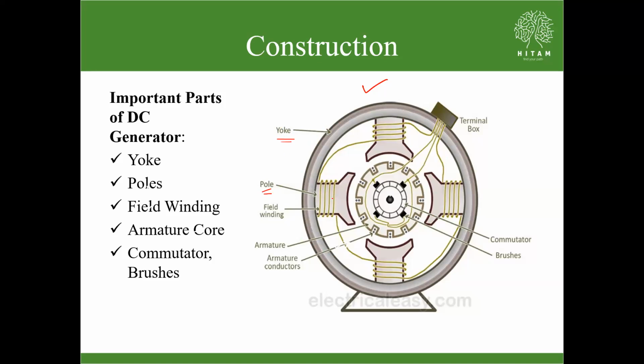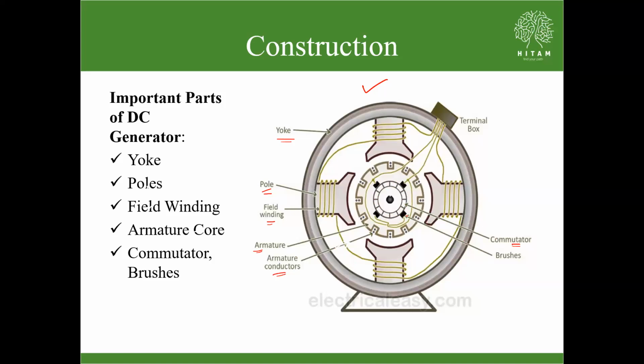Yoke, pole, these wires we call the field winding, and the internal cylindrical structure you are visualizing is called the armature. The slots which contain a dotted symbol we call conductors. See here, these are the armature conductors, right? And one more, there is a circular shape that we call the commutator.